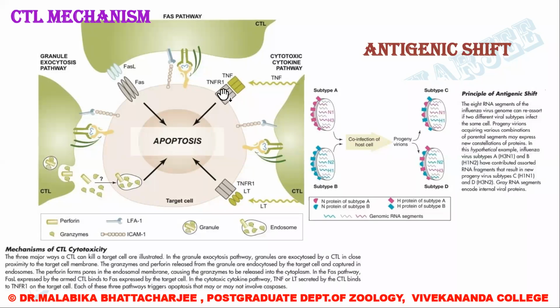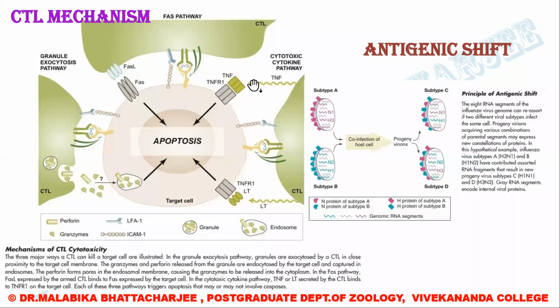There is another death receptor pathway operative, that is when the cytotoxic T lymphocytes produce 2 very vital categories of cytokines, which are known as cytotoxic cytokines, specifically TNF alpha and lymphotoxin.